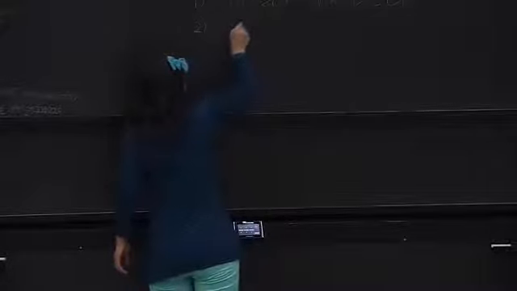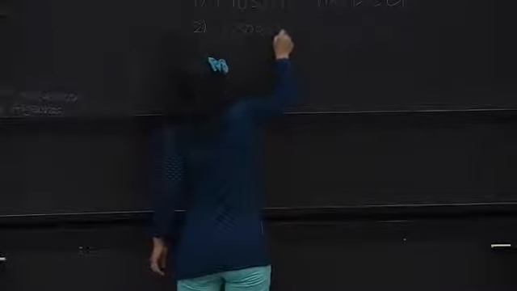Okay. The next property is associativity. This you must be really familiar with. It says if I have three elements, then I can add parentheses as I wish. So this is really like multiplication or addition in that sense.